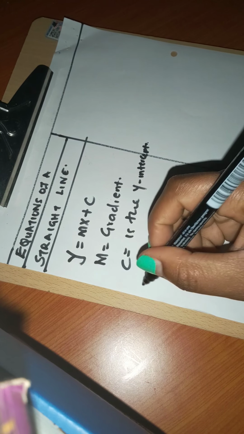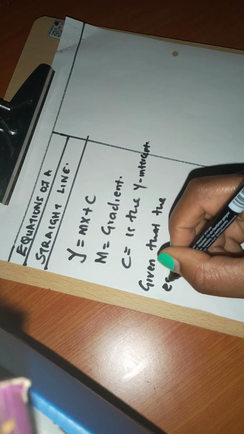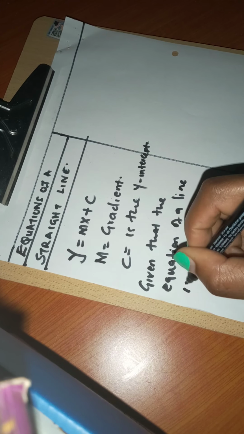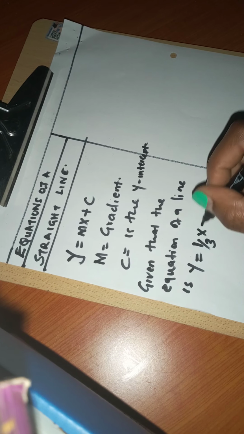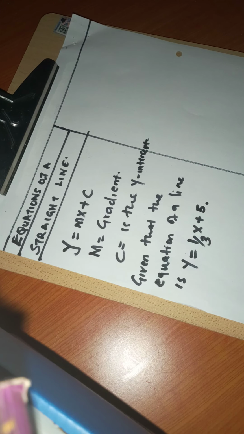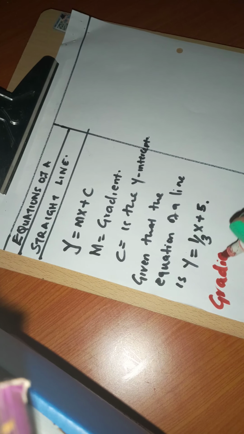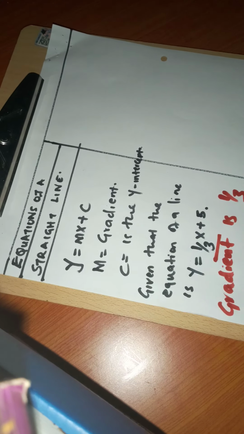So if I'm given that the equation of a line is y equals 1 over 3x plus 5, then this simply means, and actually this is very simple, that the gradient of this line is 1 over 3.